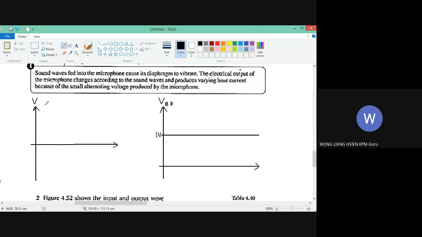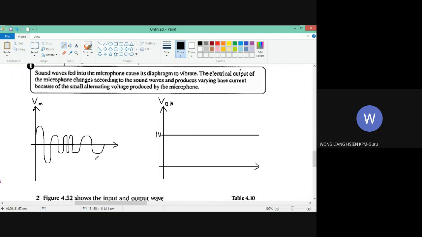The frequency and the amplitude of the voltage will depend on the sound. If the sound is loud, the voltage will be higher. If the sound is soft, the voltage will be smaller. If the sound is high pitch, the frequency will be higher. If the sound is low pitch, the frequency will be lower.